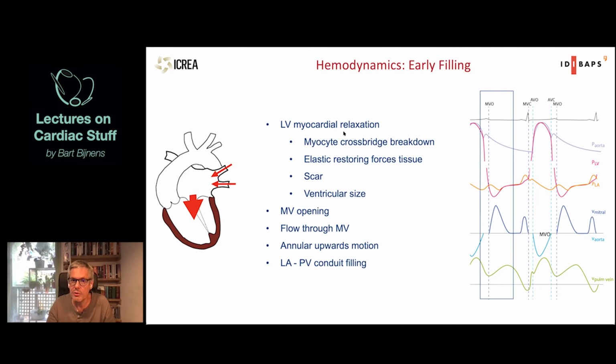So the amount of cross bridges that are broken down, and then the elastic restoring forces, as we said before, which is related to the previous contraction. The better the contraction, the more deformation during the previous contraction, the more restoring forces there can be.